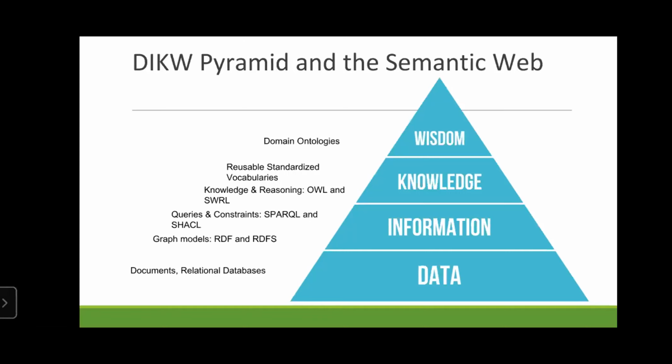You've got lots and lots of data, and you add more and more higher levels of metadata, abstractions, knowledge, rules, ontologies, etc., until eventually you go from data all the way up to wisdom. And in my opinion, that's the core idea behind knowledge representation and behind the semantic web.